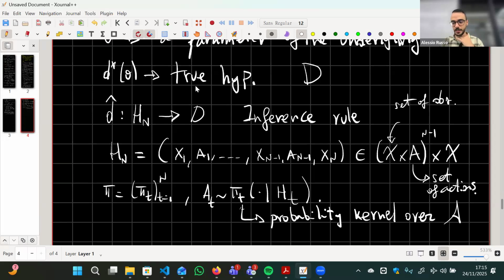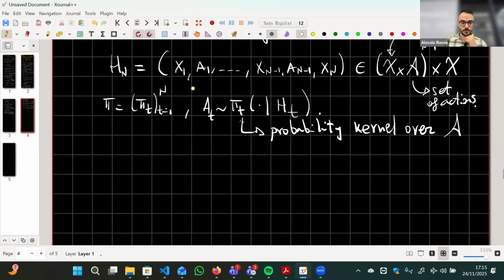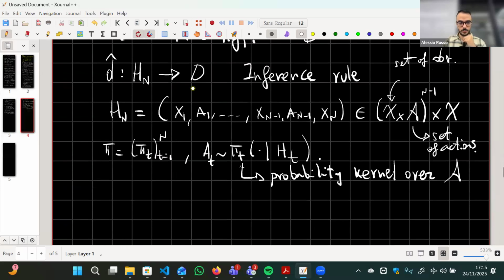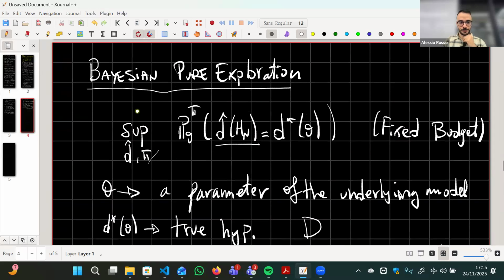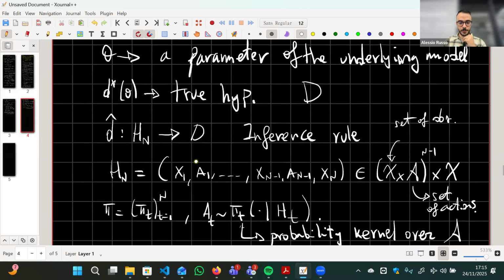And maybe let me write it calligraphic A so we don't confuse it with this A here. Okay, so this is all the notation we need, I think.